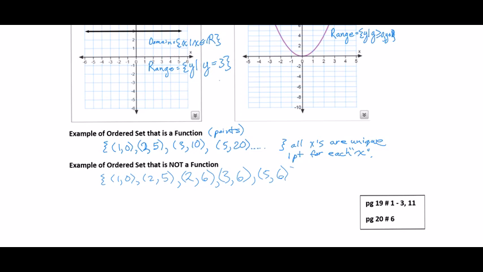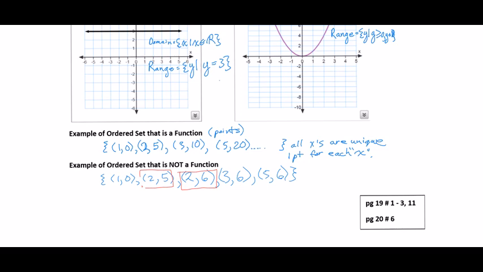When you get these sets, it's always great to organize them from left to right, where our X's are the lowest value. Now, these are the two offending points. Notice I have 2, 5 and 2, 6. These are my offending points.